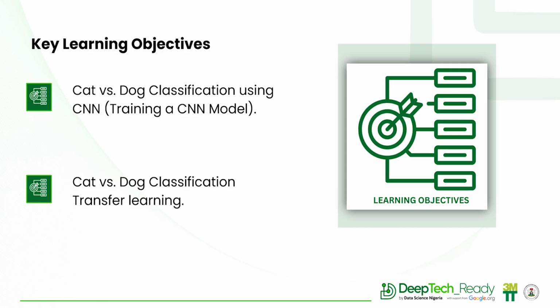The first one is training a CNN model from scratch. The next one is going to be a CNN model, but a transfer learning model. And I'll be talking a little bit about what a transfer learning model entails or looks like.